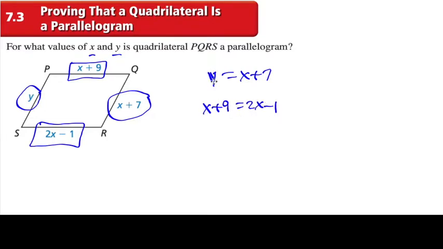And we see that this first equation has two variables, and the second equation has one variable. So equation 1 has x and y, equation 2 has x's and only x's. So we will solve equation 2.